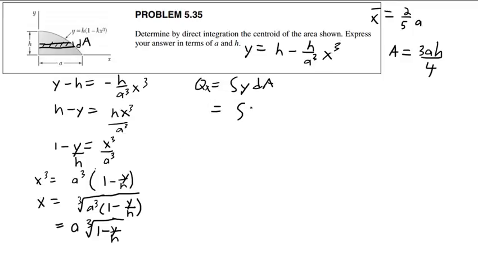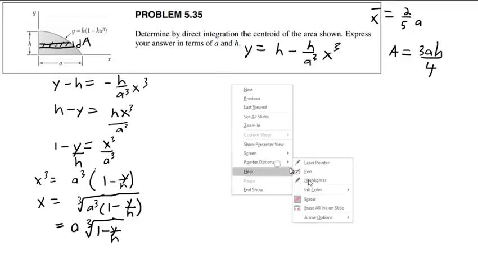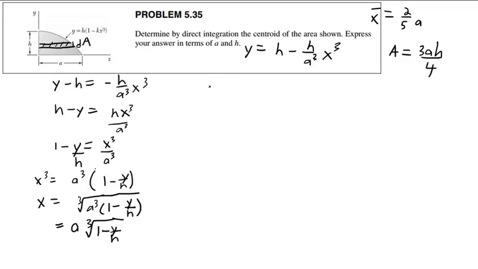If we look at our dA, we're going to have a dy and a cubed root of 1 minus y over h for our x value, for our width.